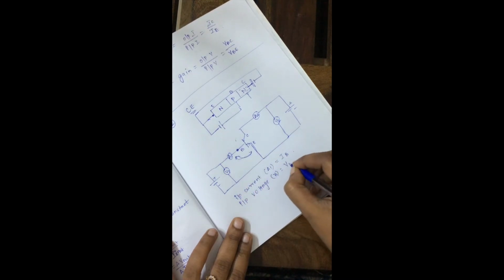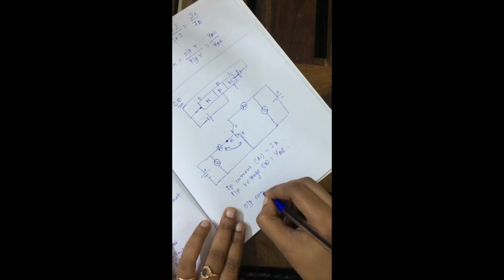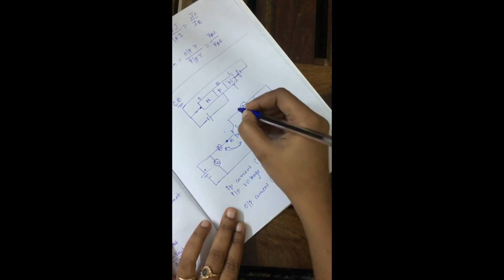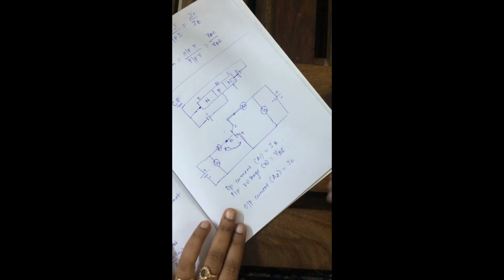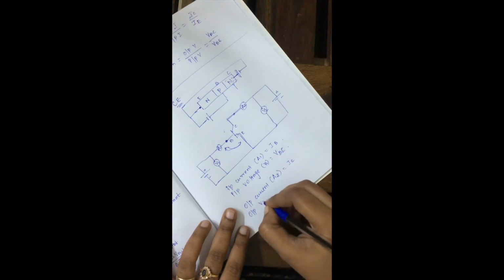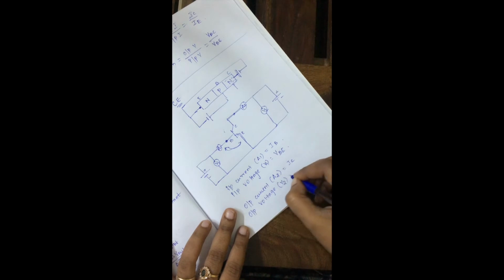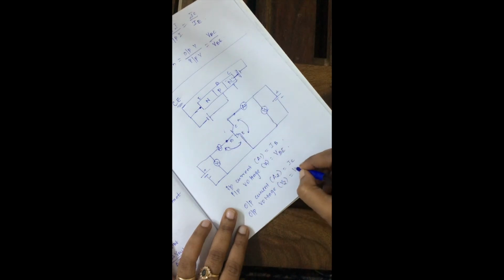So VBE. Okay. So output current is measured by ammeter 2. So output current is collector current, that is IC, and output voltage measured by voltmeter 2. So the voltage is across this one. So VCE.